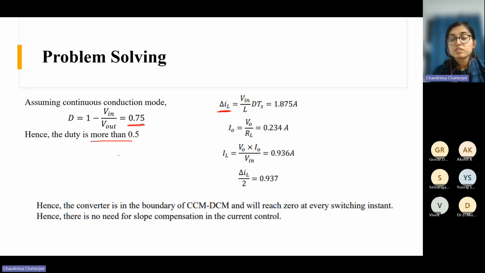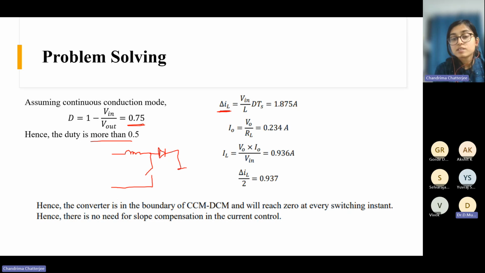So for boost converter, first let's draw the boost converter. Just a simple one. So here we have the inductor, and here we have the switch. Here we have one diode, right?